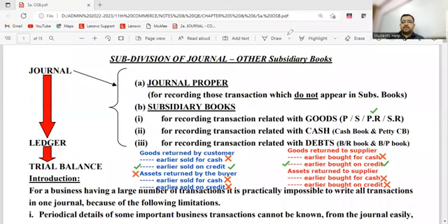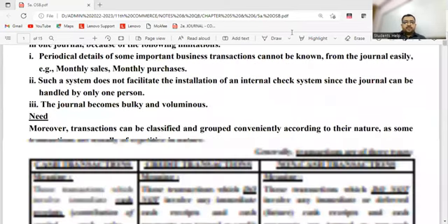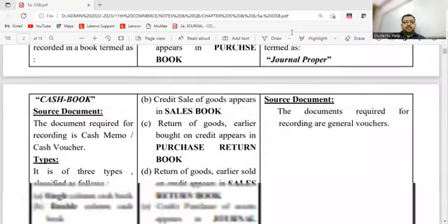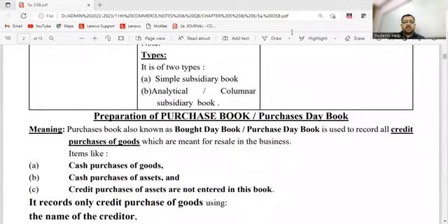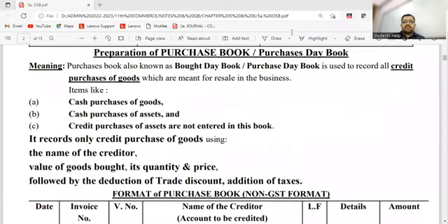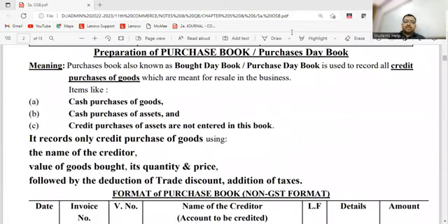Let's proceed further. So, children, first and foremost in the sequence, we'll be preparing what is called as a purchase book, or you can call it as purchase day book, or you can even call it as children purchase journal. Please mark up purchase journal.